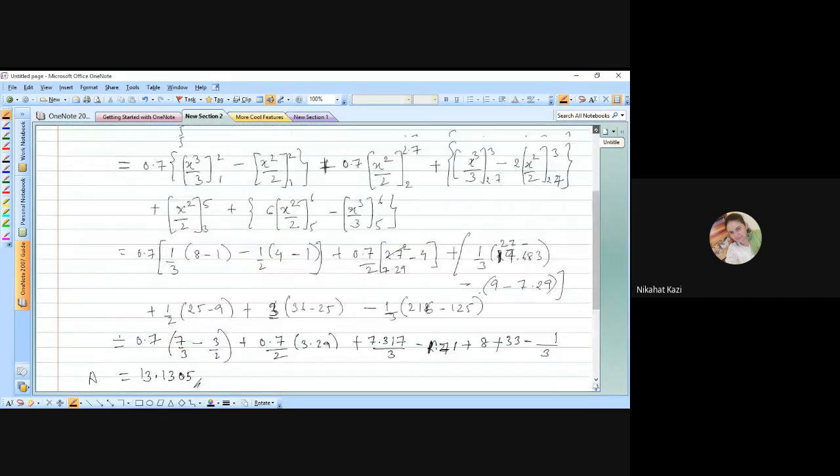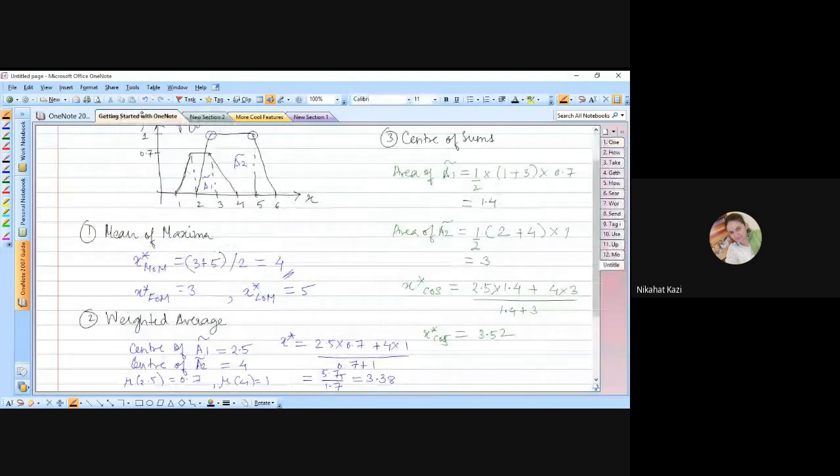Why I am finding this is because I need to know which graph my bisector is cutting, because I do not know that point yet. I do not know where it is cutting the x-axis or some particular membership function. So I will find out the areas individually using the equations. The idea behind bisector of area is that I will take the individual equations.